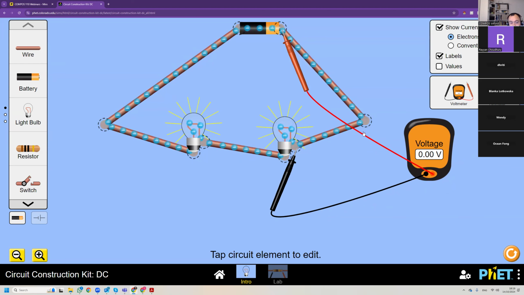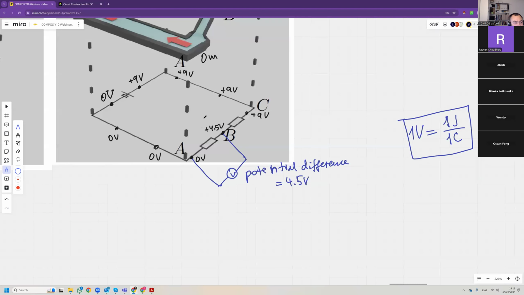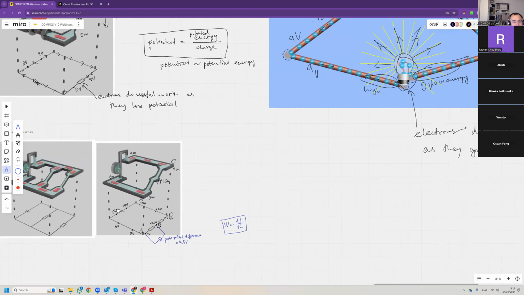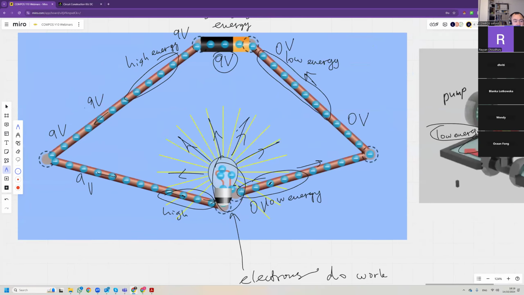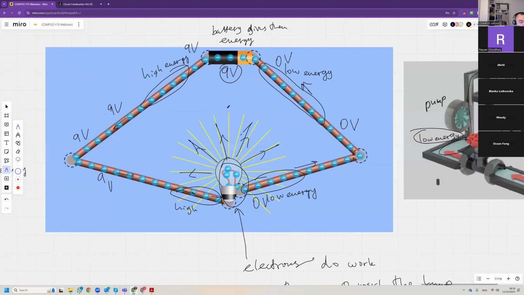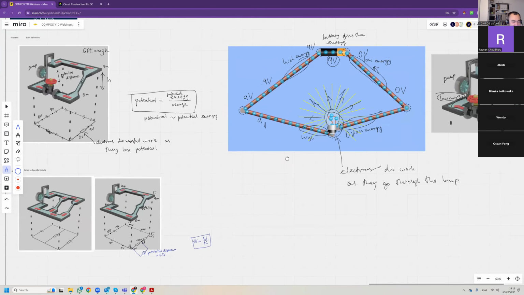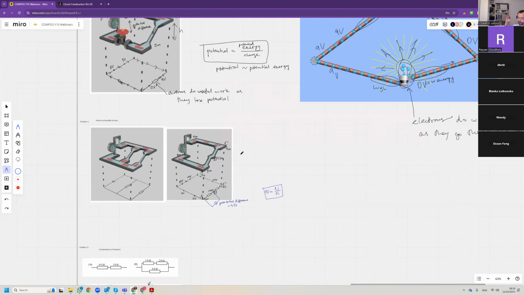The potential difference is 0 because it is 0 volts here and 0 volts here. And similarly, if I connect a voltmeter here, because this is 9 and 9 minus 9 is 0, the potential difference is 0. Okay, so hopefully I've managed to get the idea across to you.